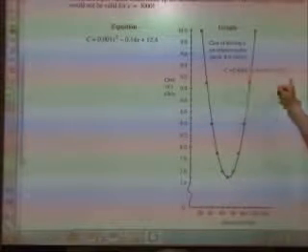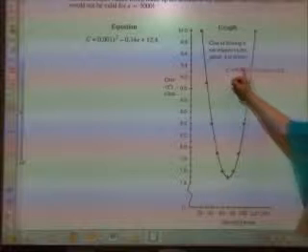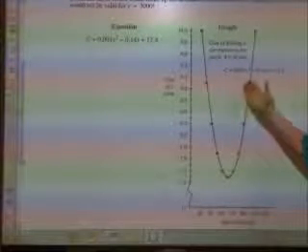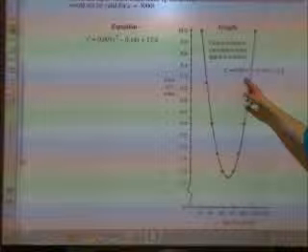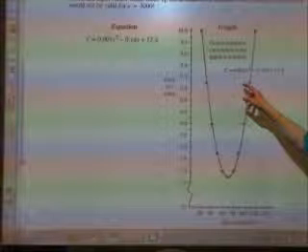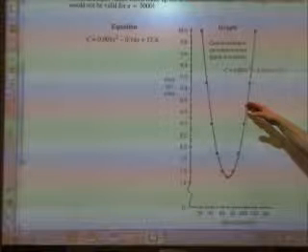Now, this particular equation is only going to be valid for a certain amount of S values. In other words, it would not make sense to put S equal to 5,000 because I can't travel 5,000 kilometers per hour in a car. It's not going to work out very well for anyone involved.